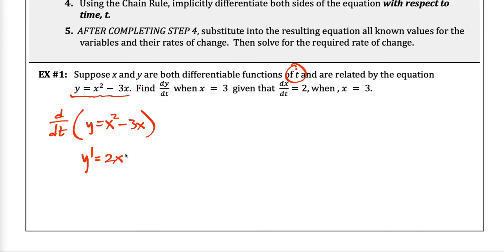So the derivative of x isn't just 1. After each derivative of x, we would have to write x prime or dx/dt. So you did each derivative correct. Yes, sir? So if t was in the equation, then that would be just 1. Correct. If t was in the equation in some way or form, then dt is 1.